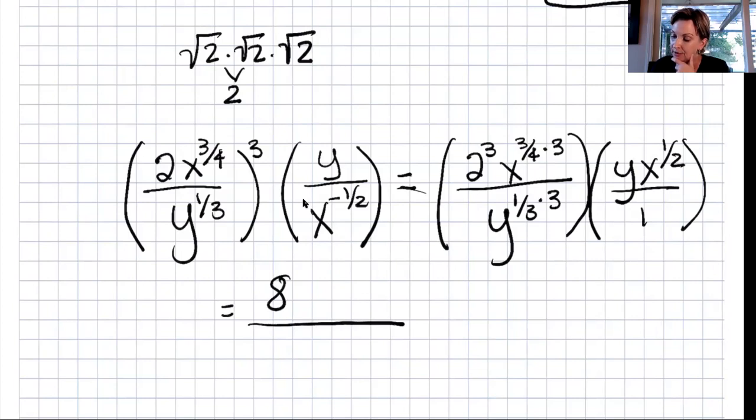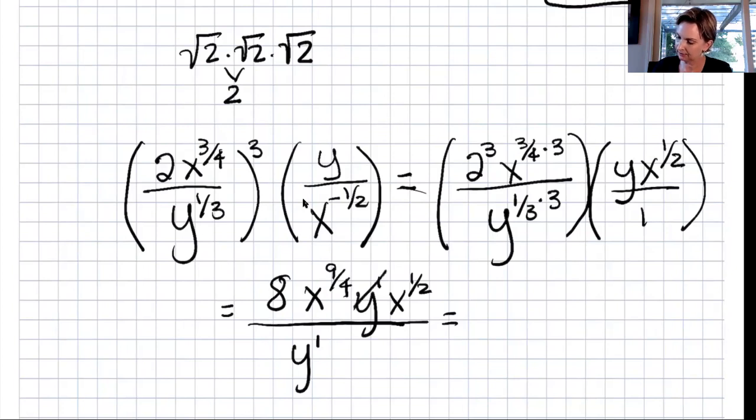x to the 3/4 times 3 would be x to the 9/4. And y to the 1/3 times 3 would be y to the 1st power. And we're just going to multiply this through and combine them. Then we have a y to the 1st power and an x to the 1/2. Hey, what do you notice about the y's?